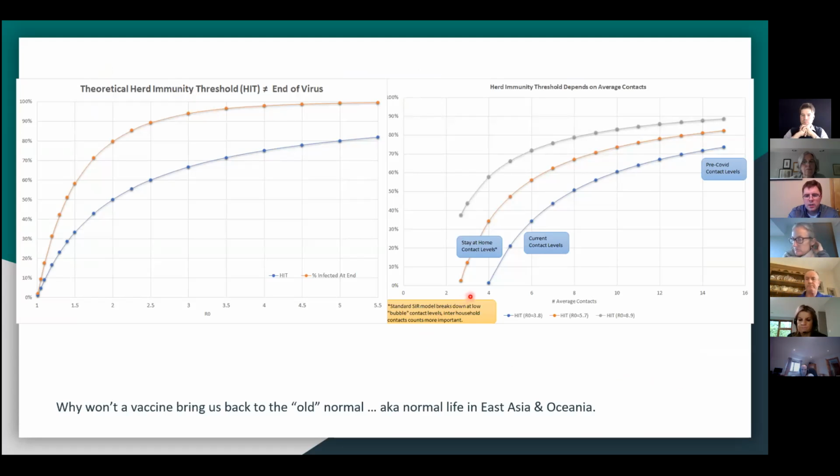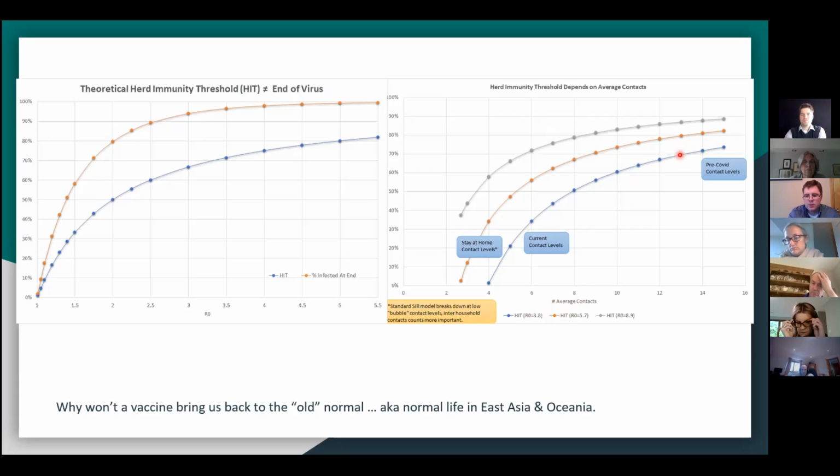So somewhere around our normal living situation, which was somewhere between 3 and 5, which is what most of the data is suggesting for the R0, the initial reproductive value, requires quite a high combination of both uptake multiplied by the efficacy to see how much we really need to cover our population.